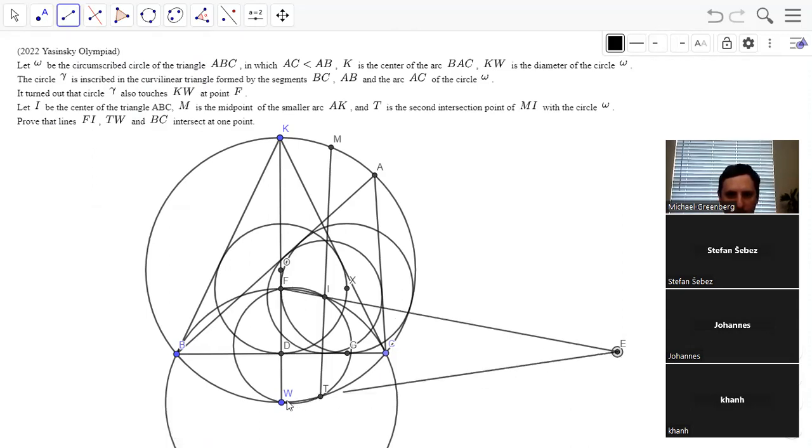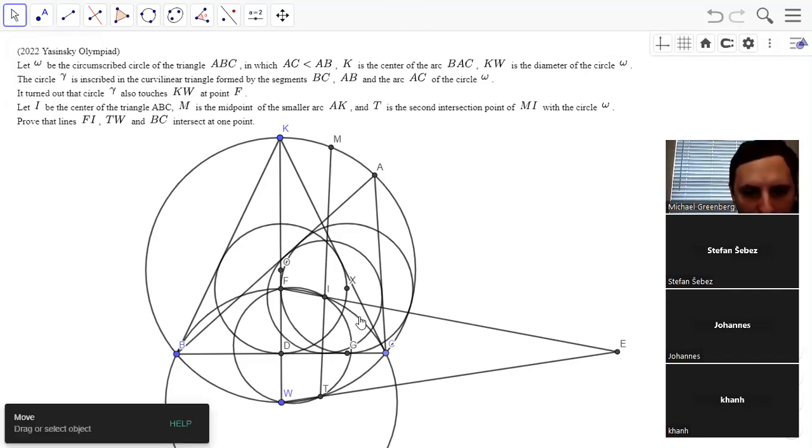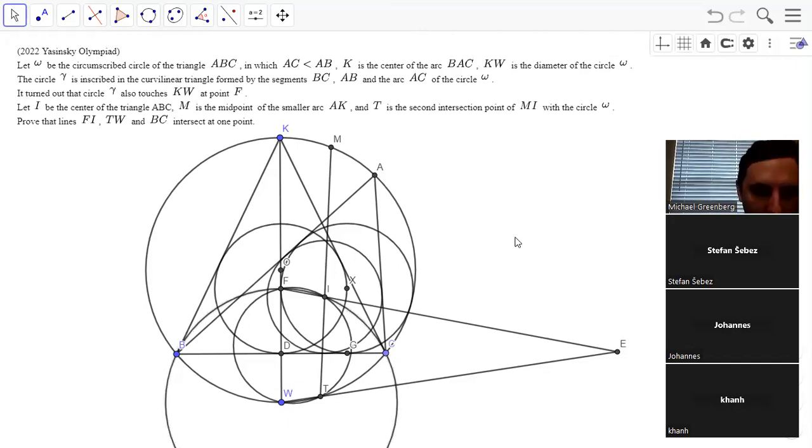So is that true in general, that I lies on the circle around W? Like any mixtilinear incircle? Sorry, but which circle? Oh yeah, BFC, it must lie on. Okay, that's cool. That is the incenter-excenter lemma.